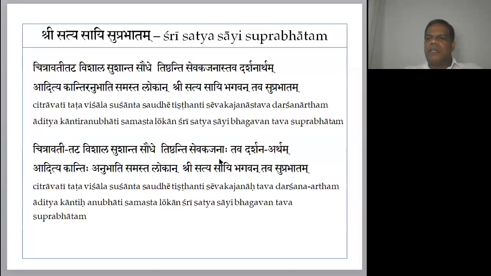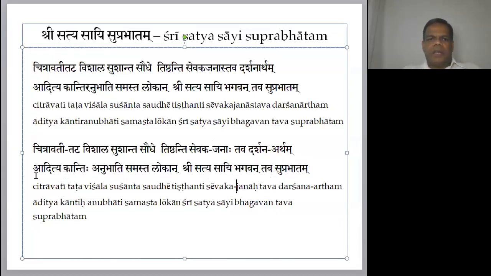Tishtanti Sevaka Jana, again you can say there are two words, but it's a compound word, samasa. Tava Darshanartham, Darshana plus Artham, Na and A together become Na, longer Na. So that's how you get Darshanartham. But they are two individual words.